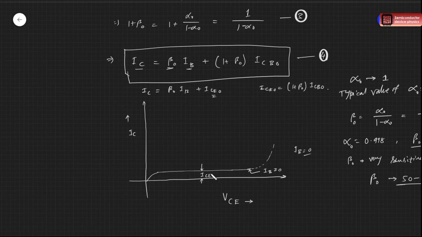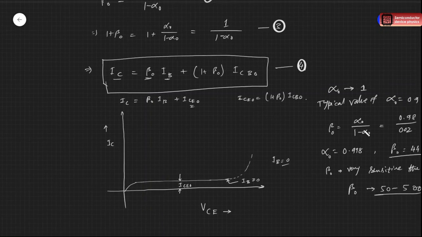And now as we increase the value of IB, or the base current, how will this vary, right? We are now increasing IB, and you can see that it depends on this beta factor, and beta also depends on the alpha here.